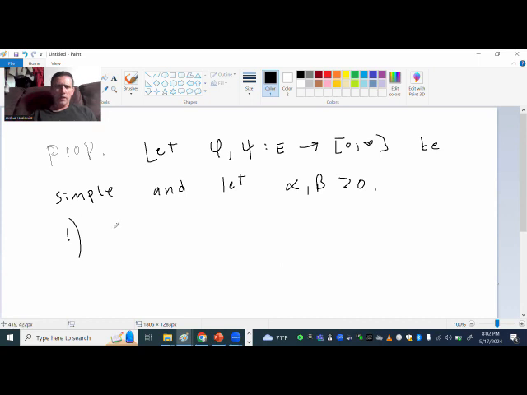So one, we have linearity. It's a bit annoying to write alpha varphi of x plus beta psi of x, so it's annoying to write x's everywhere. When it's annoying, I'm not going to do it.